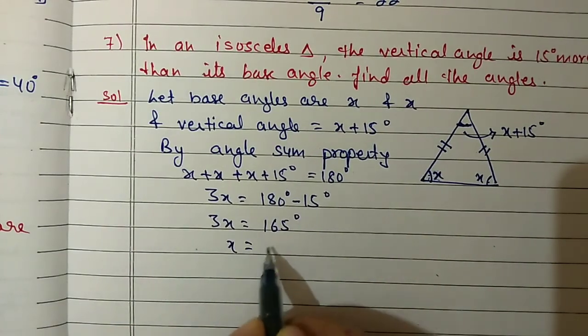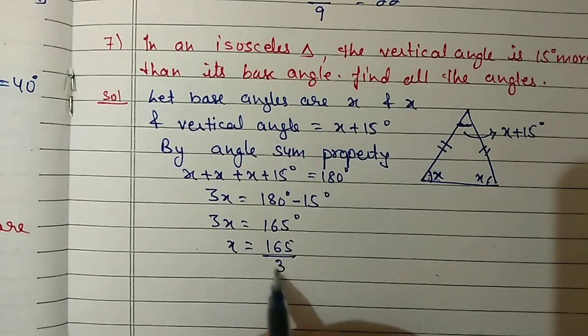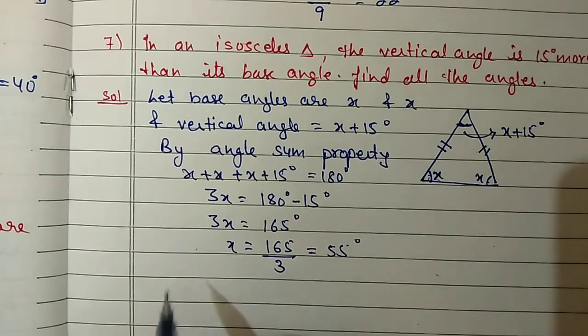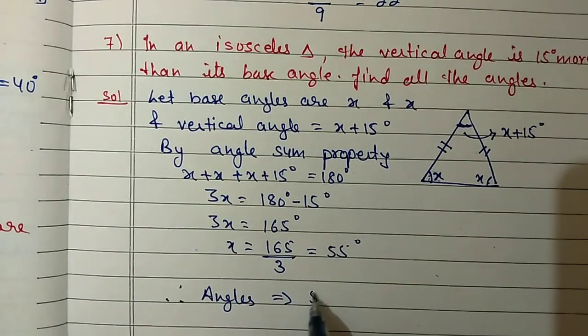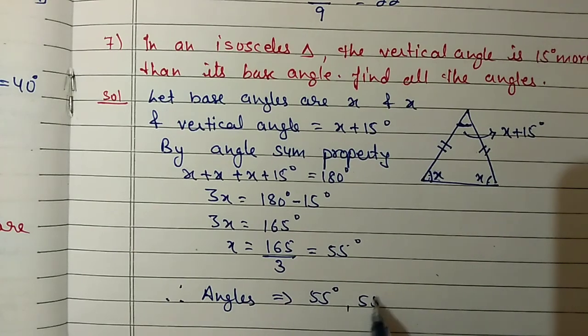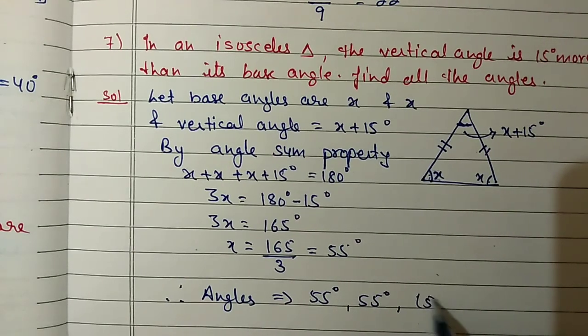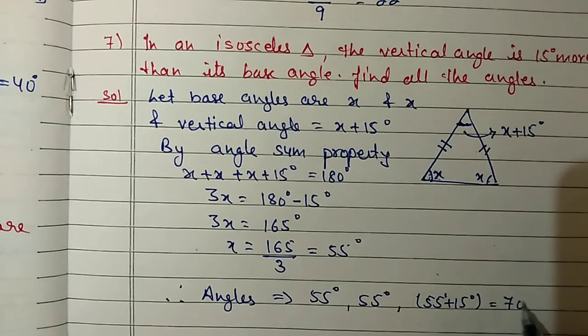So x value will be 165 by 3, 55 degree. So therefore the angles will be: first angle is 55, second one also 55, and third one will be 55 plus 15, which is equal to 70 degree.